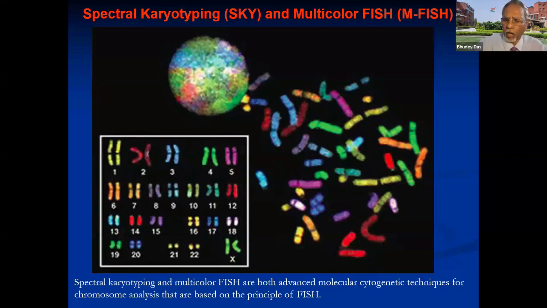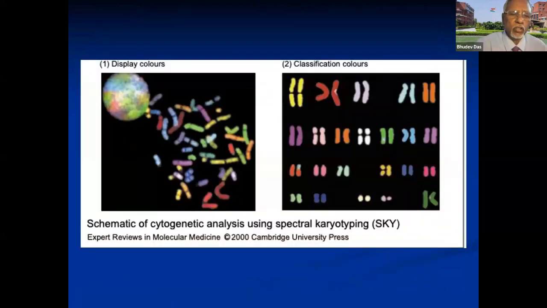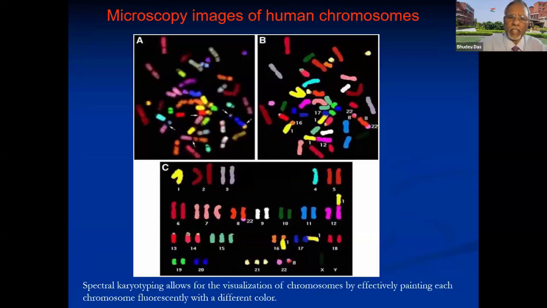That can also be tagged with a fluorochrome, and you can easily identify it; it can be karyotyped digitally. And now this is also schematic cytogenetics, the spectral karyotyping. This is also spectral karyotyping, but all the defects can be detected.